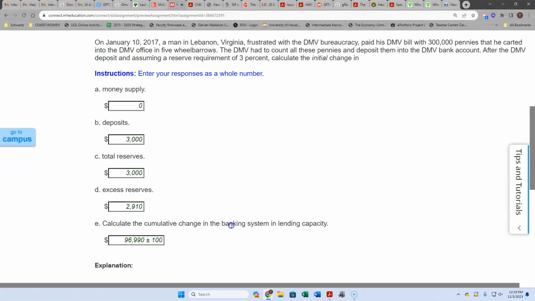To find the ultimate change in the banking system, you would need to do 1 over the required reserve ratio, which in this case would be 1 over 0.03, which would be 33 and a third. So then I would take the 2,910 and multiply that by 33 1/3.